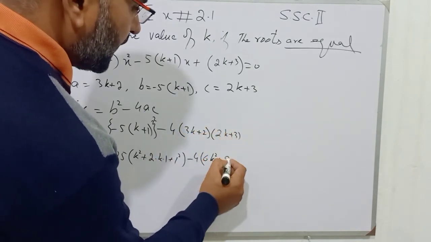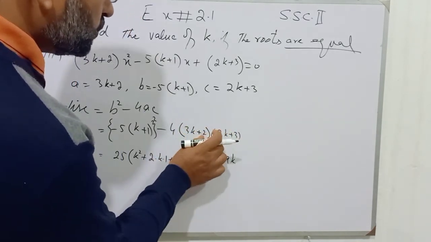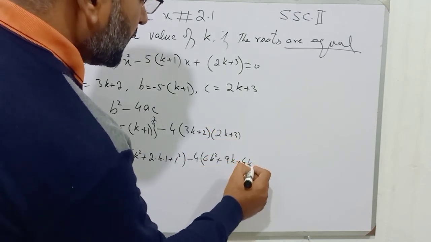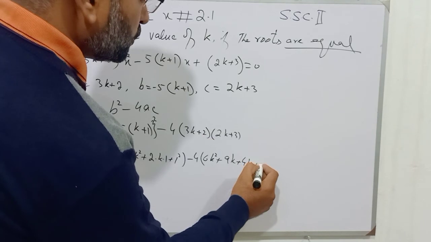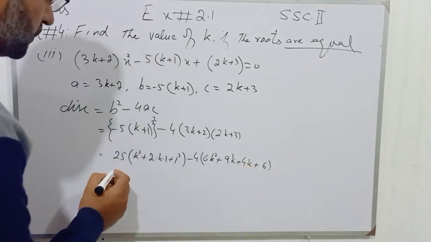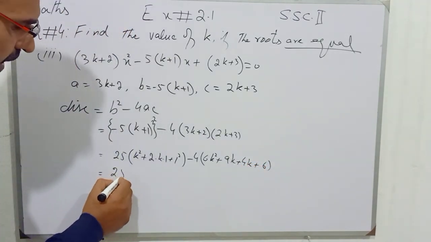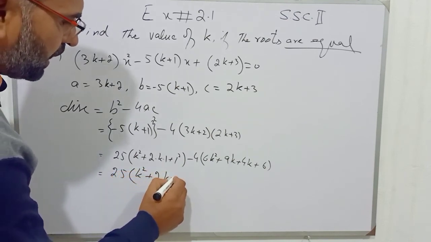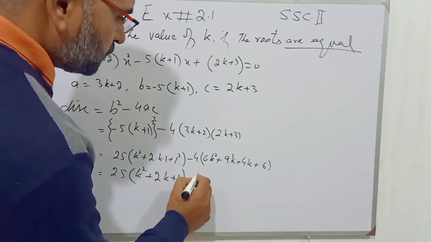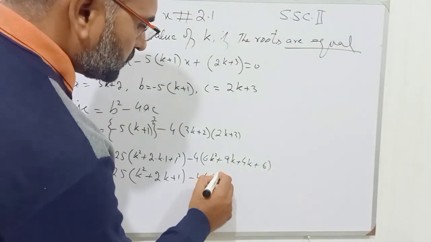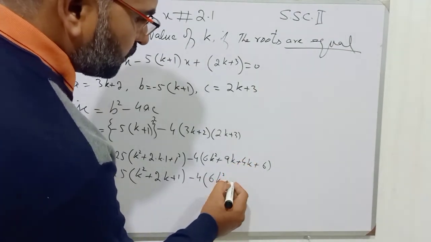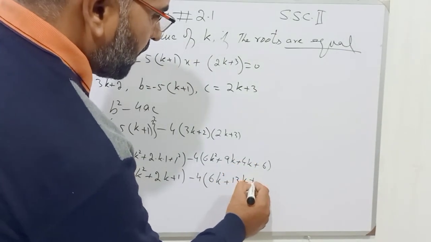Now this 2 will multiply with both the terms, and 2 2s are 4k, plus and plus plus, 2 3s are 6). Now students, it will become 25 into (k square plus 2k plus 1) minus 4 into (6k square plus, both are like terms, 9k plus 4k means 13k plus 6).